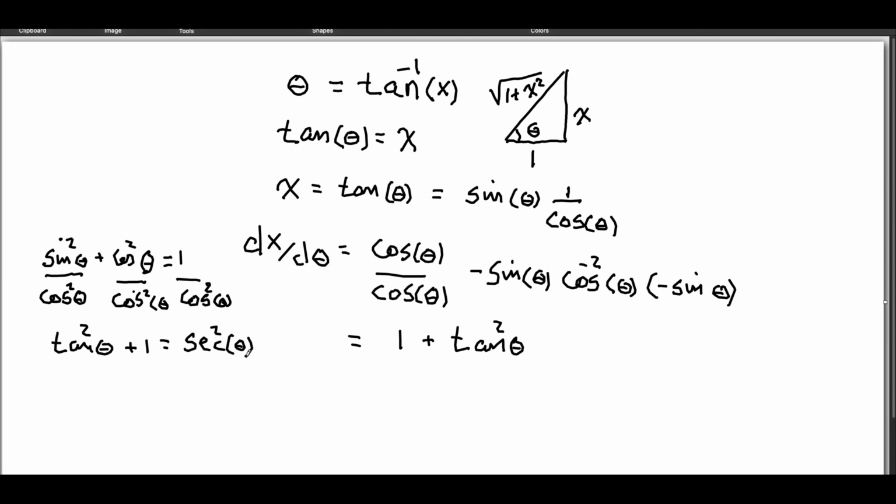But secant theta is just 1 over the cosine of theta. And that's equal to the square root of 1 plus x squared.